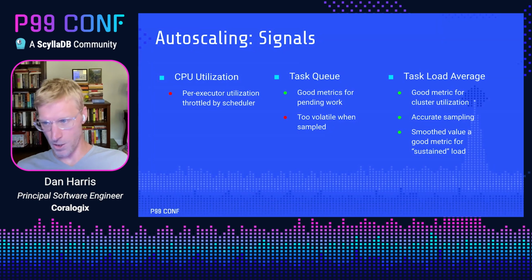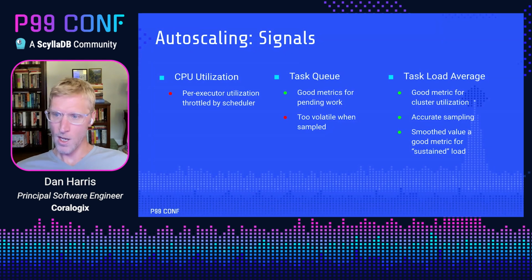So this gives you a value between 0 and 1 for how many task slots are being used at any given time.